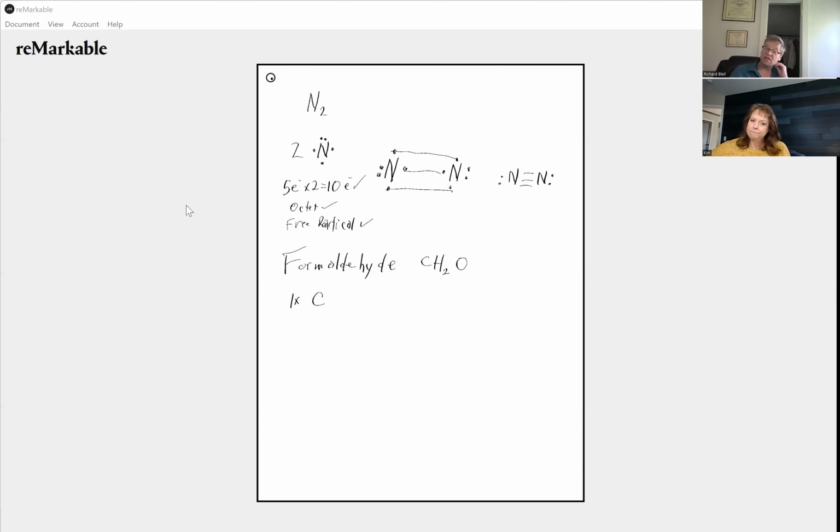How many valence shell electrons around carbon? 4. Hydrogen we've done before, it's just 1. Oxygen is 6.